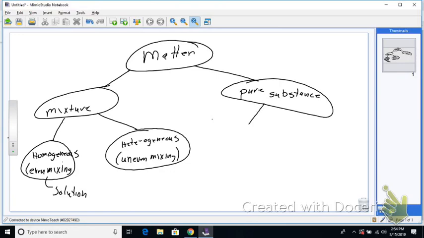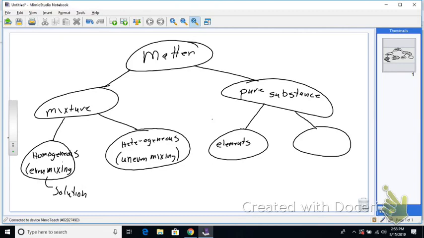So then, for a pure substance, we have two ways to look at it. One is elements. We have the periodic table, with the elements that we can take a look at. Those are more pure when we look at how they're made up.